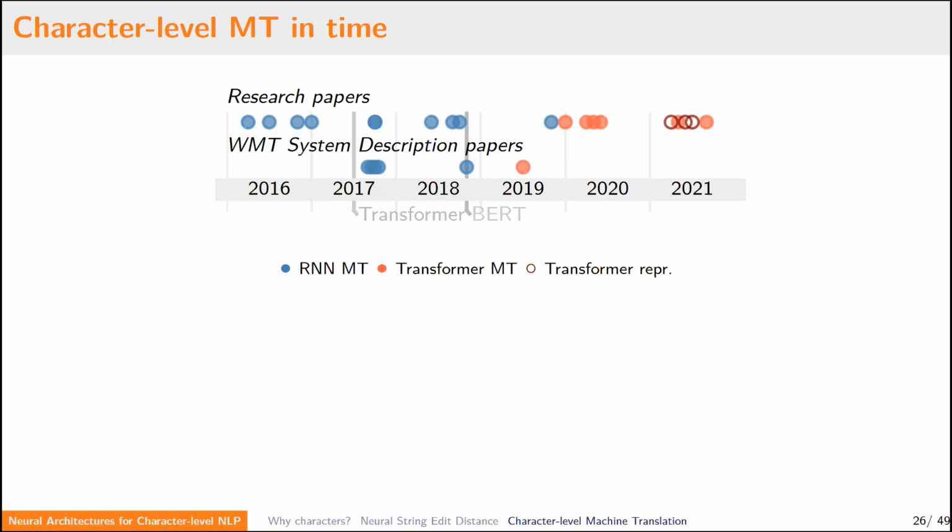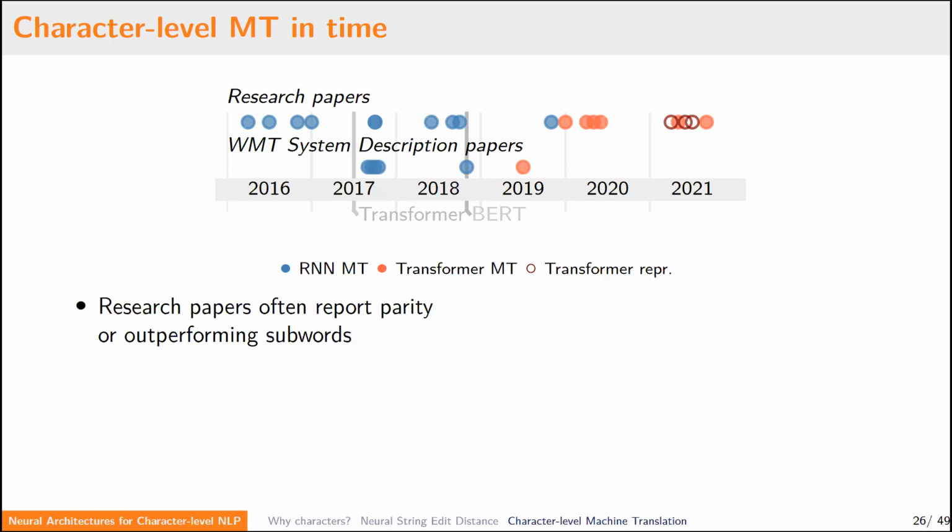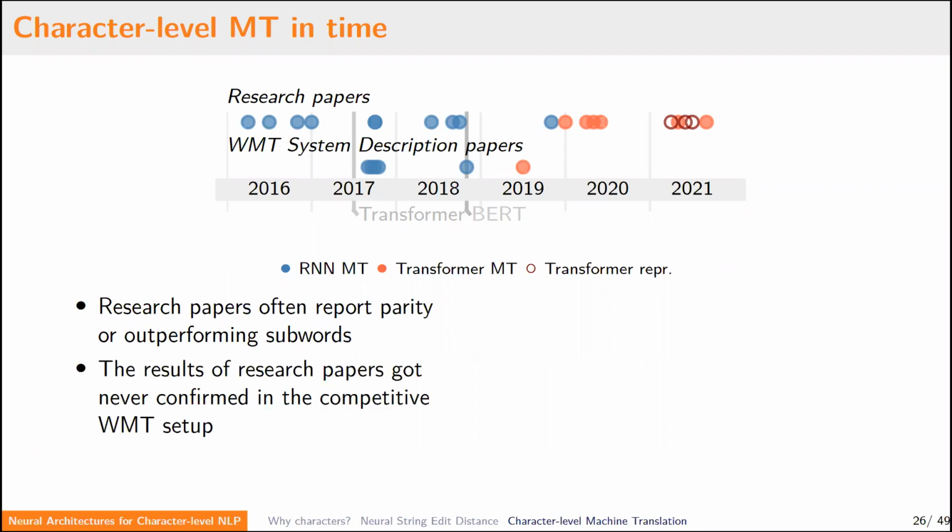But after 2017, there are basically no WMT submissions that would use character level methods. And the research papers often report parity or outperforming the subword models, but it's only true for the data sets that are used in the research papers, which are usually smaller than those used for WMT.